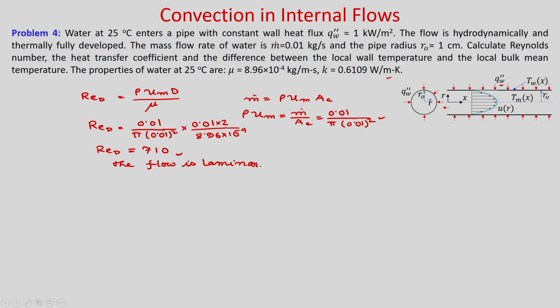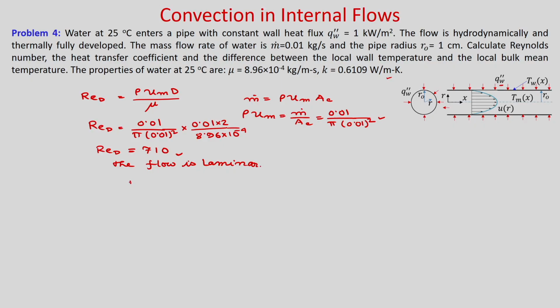So, as it is a laminar flow and in fully developed condition, the Nusselt number for uniform wall heat flux boundary condition is 4.36. So, from here you can see Nusselt number is 4.364.